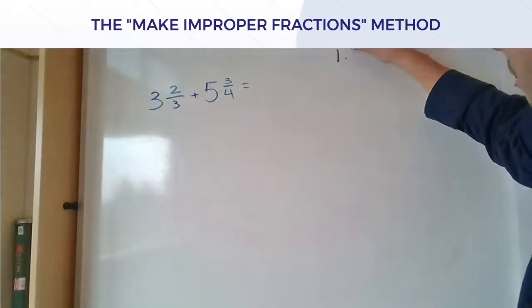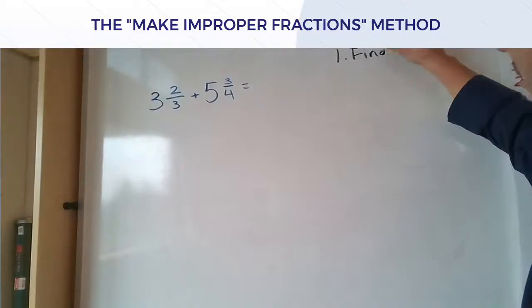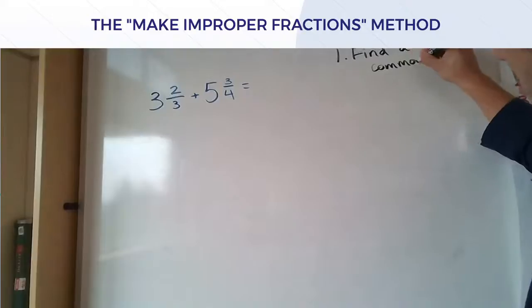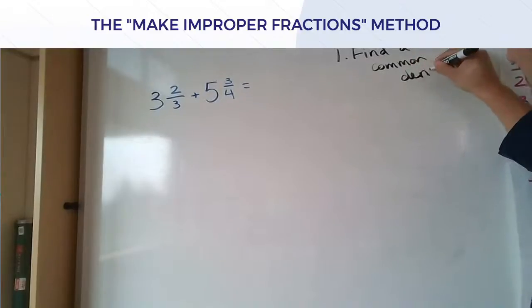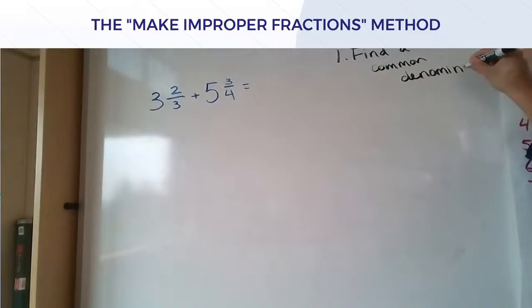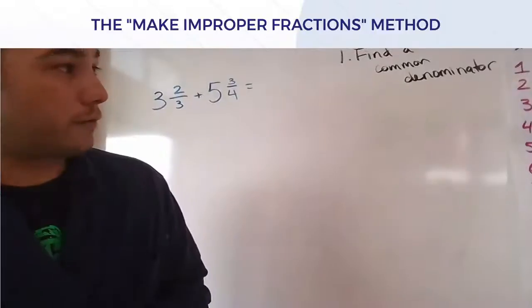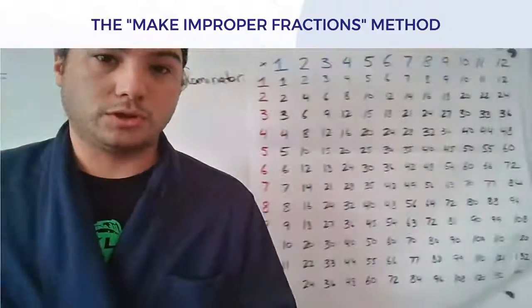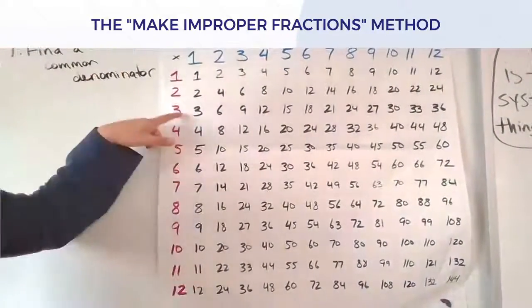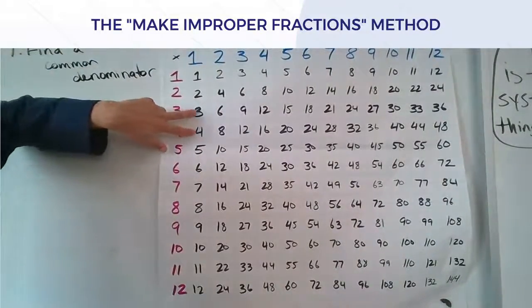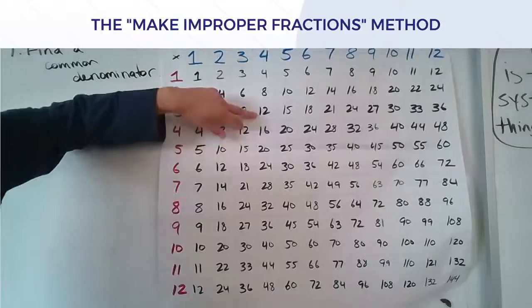Step 1, find a common denominator, just like we've been doing for all the other problems here. Okay? So looking at our thirds and our fourths, if we were to go to the thirds row and the fourths row, what's a number that shows up in both? 12.